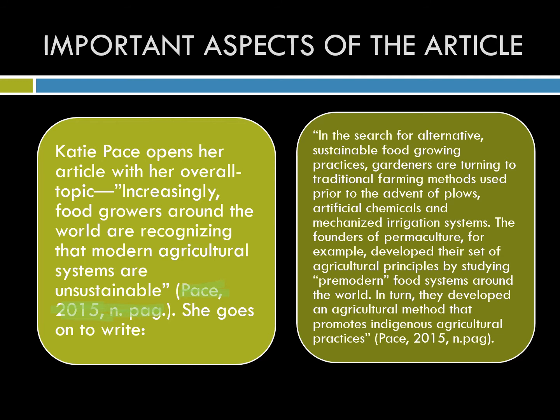So basically what she's talking about here is that many of our current systems, not only in agriculture, are not sustainable, and we are doing, I'm sure this is no surprise, long-term damage to our planet. And that we are, for example, in agriculture, looking for more sustainable practices to farming.